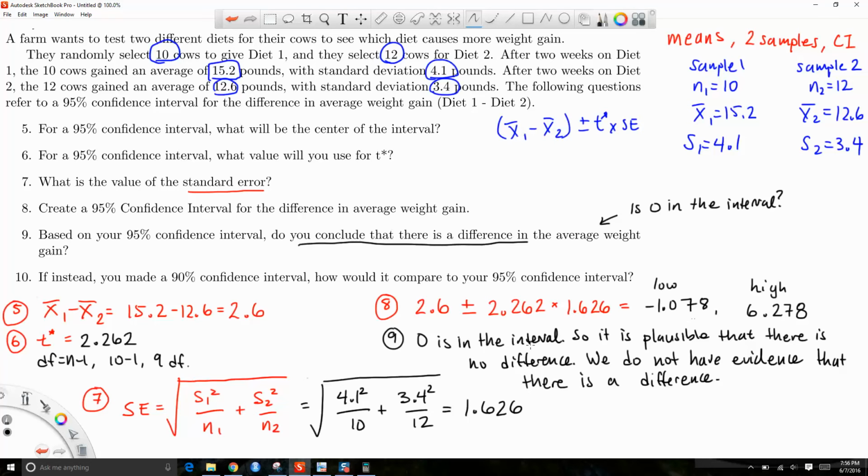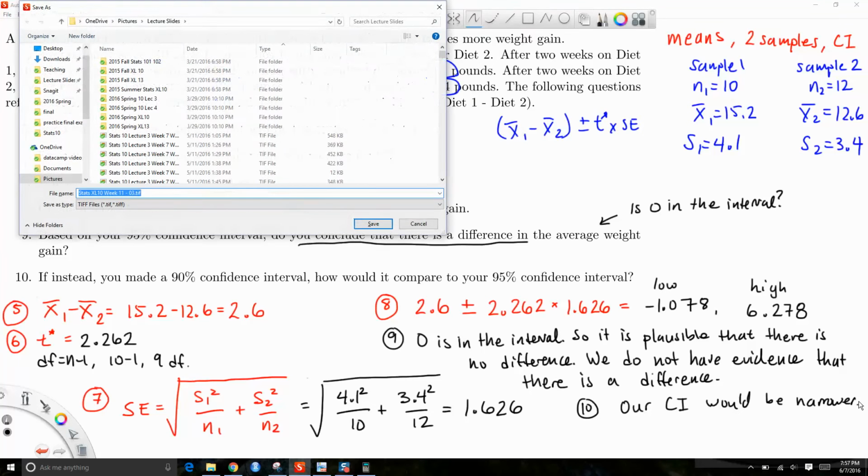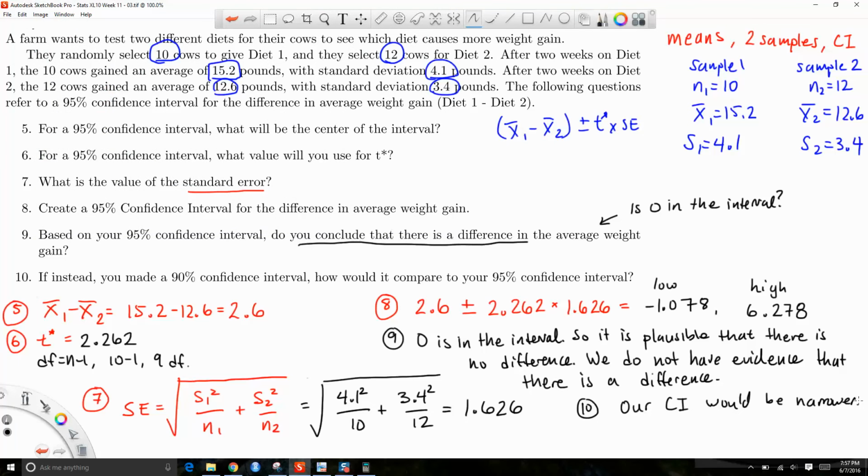Okay. And then as for number 10, if we made a 90% confidence interval instead, how would that compare? For 90%, we would use a different t-star value, and so our confidence interval would be narrower. And that's kind of how confidence intervals work.